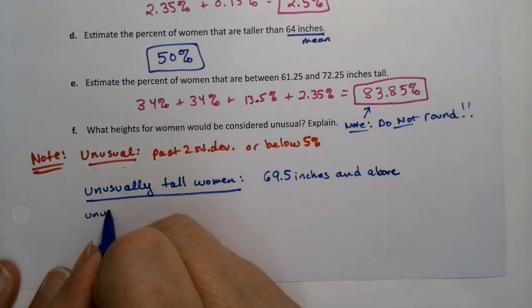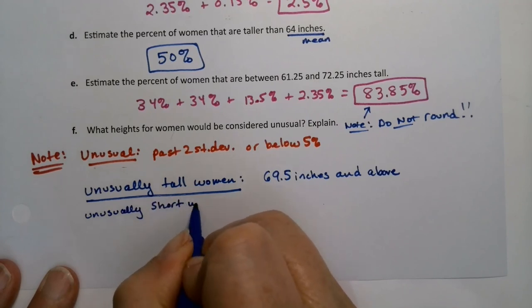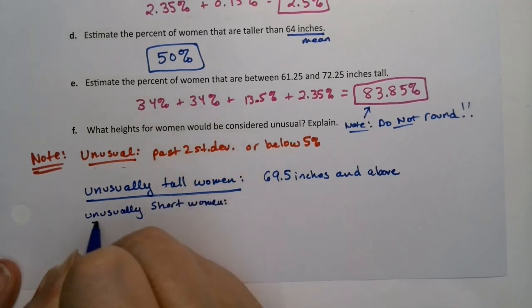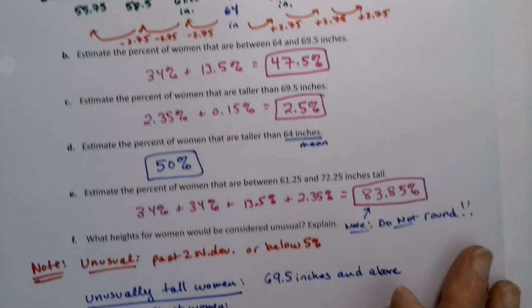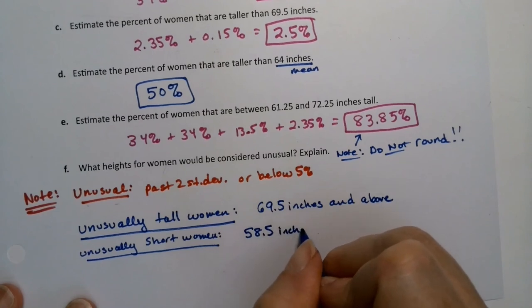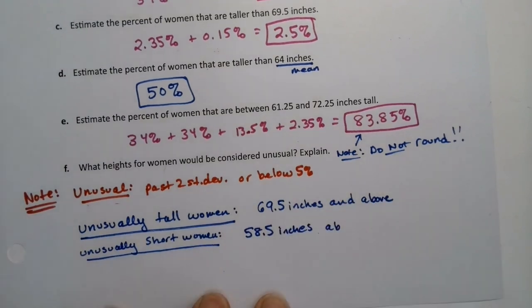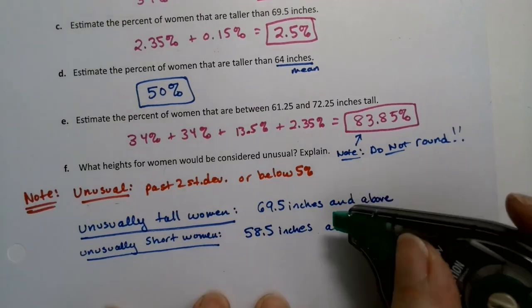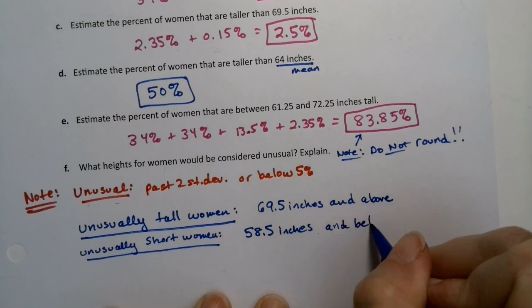Unusually short women would be 58.5 inches right here and less. So it would be 58.5 inches and below.